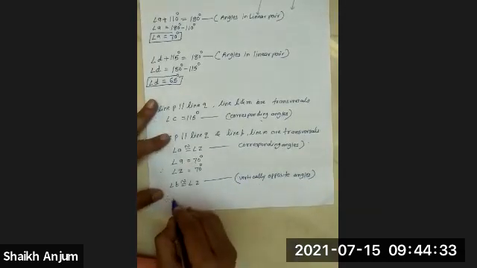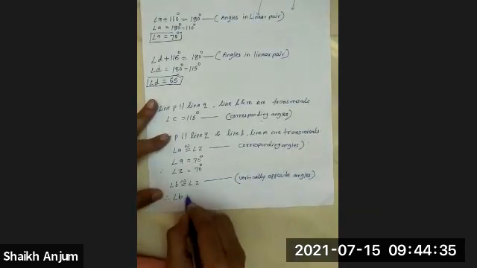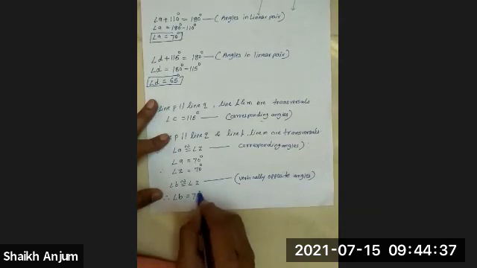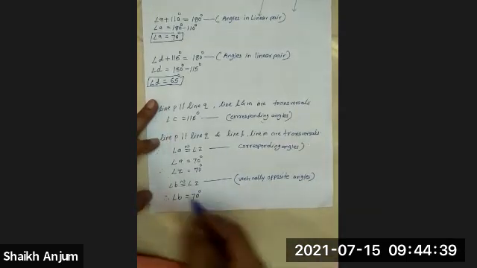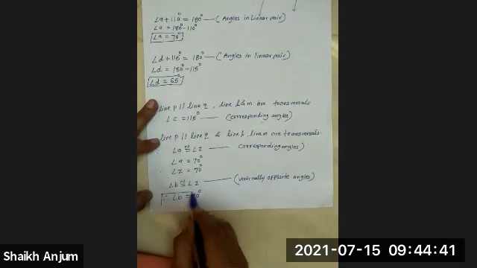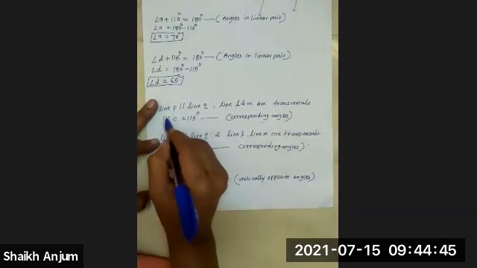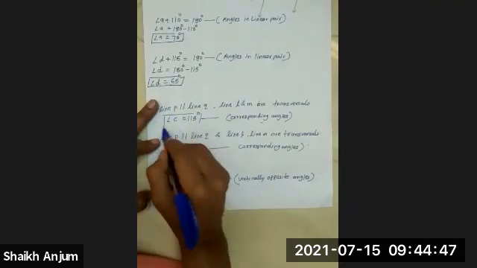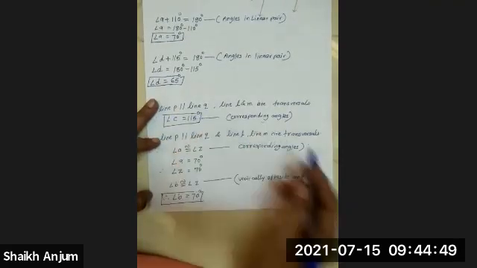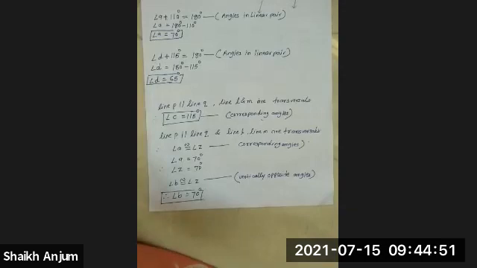So angle B is also 70 degree. This is the final answer. For C, we found it, that is 115 degree.